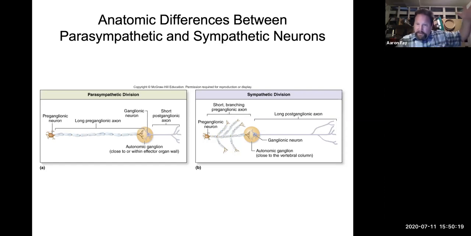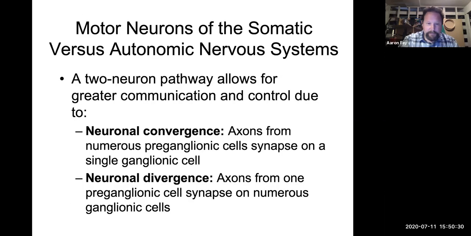So do you get lots of things in step one coming in on step two, or do you get one step one branching to many step two, if that makes sense? So why would you want to do one over the other? Well, neuronal convergence, as I mentioned before, allows multiple sections of the brain to control the same system. Neuronal divergence allows one area of the brain to turn on many functions in the body. And we'll see why that is in a little bit.